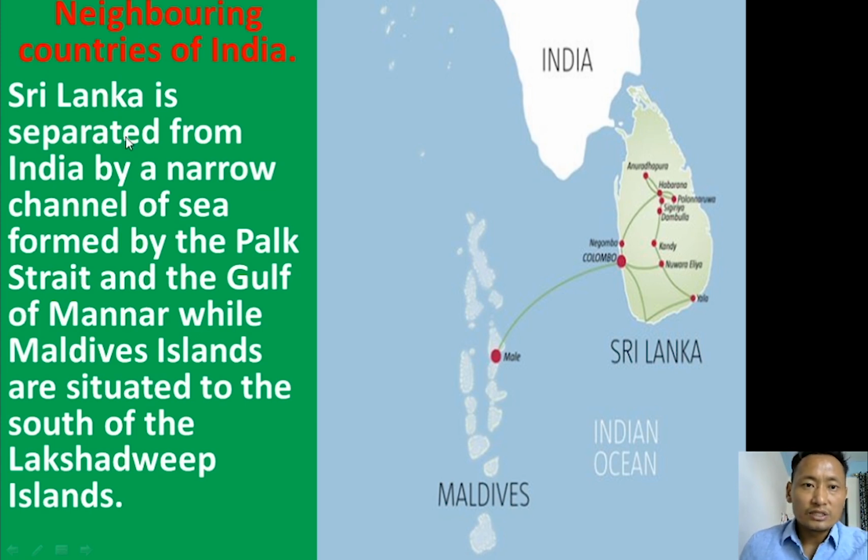India is separated from Sri Lanka by a narrow channel of sea formed by Palk Strait, a narrow water channel that joins two larger water bodies, and the Gulf of Mannar. While Maldives is situated south of the Lakshadweep Islands, and the capital of Maldives is Malé.